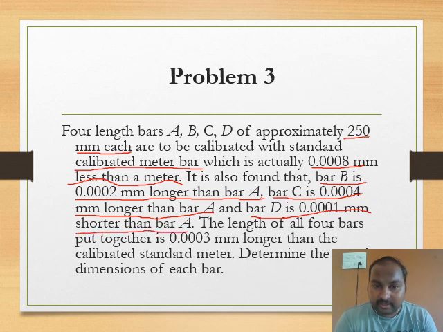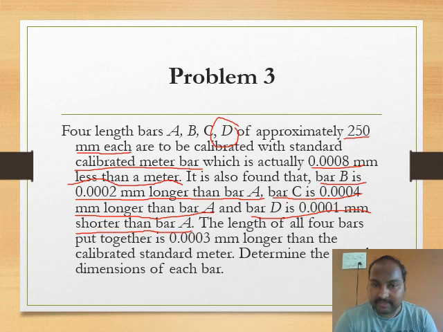bar A. So among bars A, B, C and D, bar D is shorter. When I am comparing D with A, it is 0.0001 mm shorter.